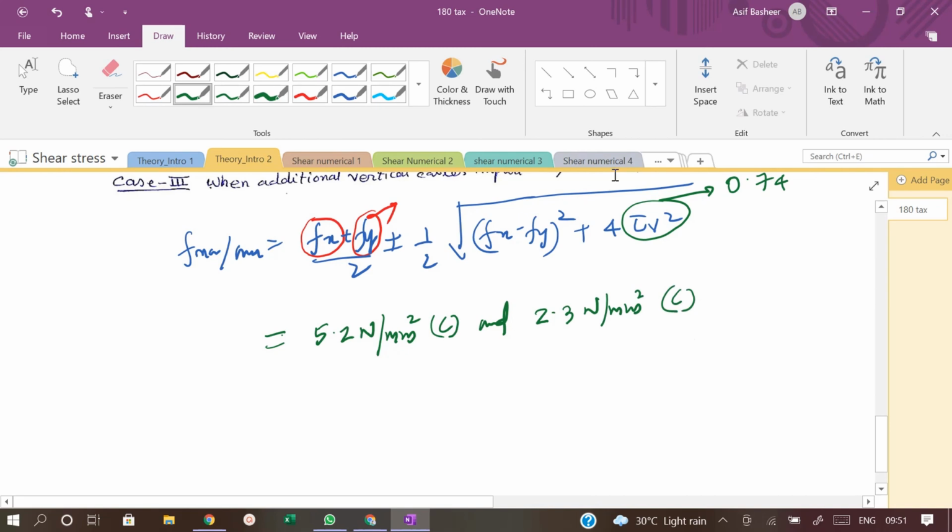Which means by an addition of an external vertical pre-stressing force, I got the maximum and minimum principal stresses as compressive, which means a chance of formation of a tensile crack is fully eliminated by introducing a vertical pre-stressing force.